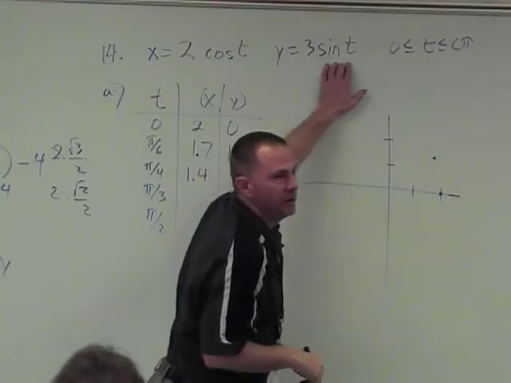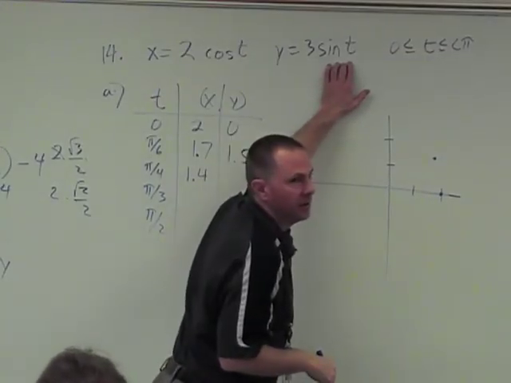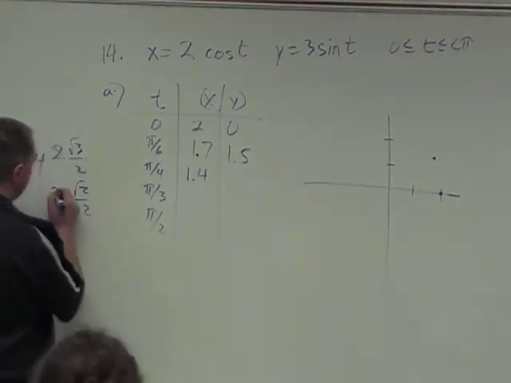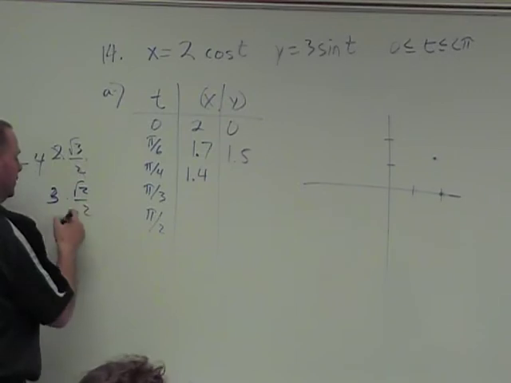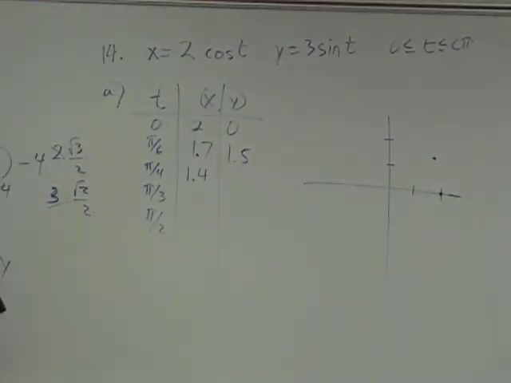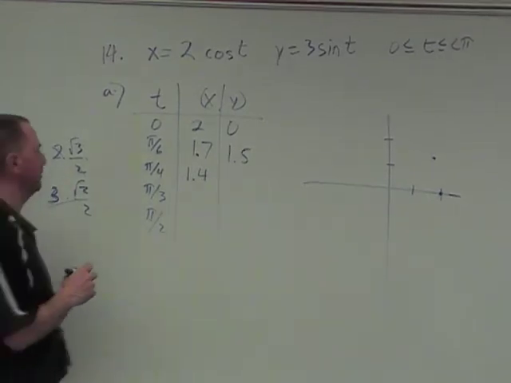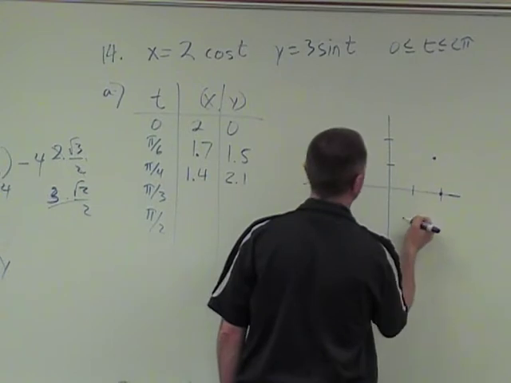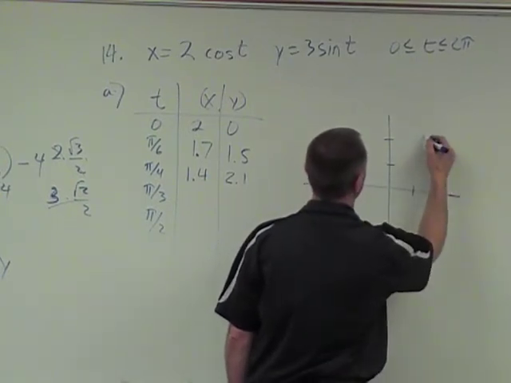What's the y value? Radical 2 over 2 times 3. That's 3 radical 2 over 2. Somebody tell me what that value is. 3 times radical 2 divided by 2? 2.1? You guys check, make sure you're right. 1.4 is about right there. And 2.1.